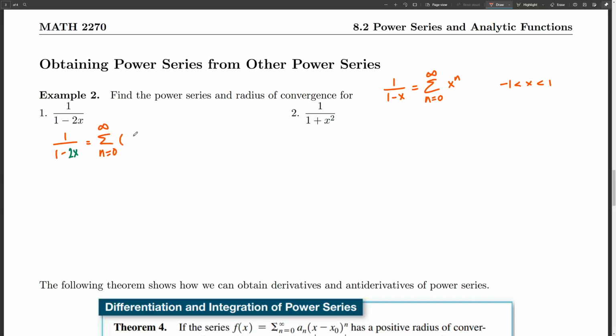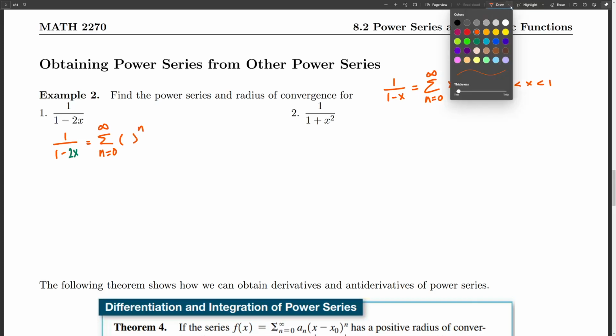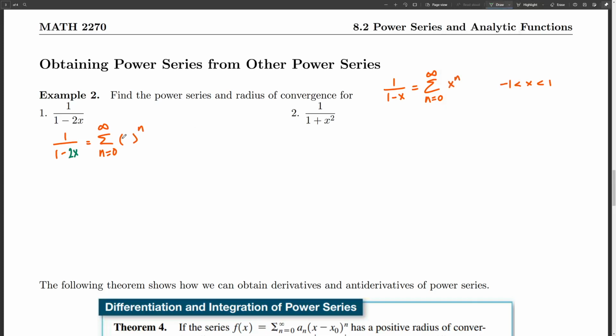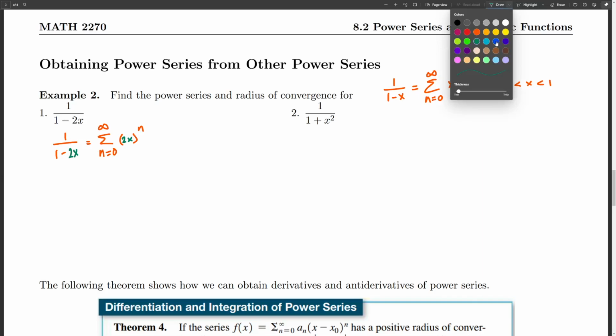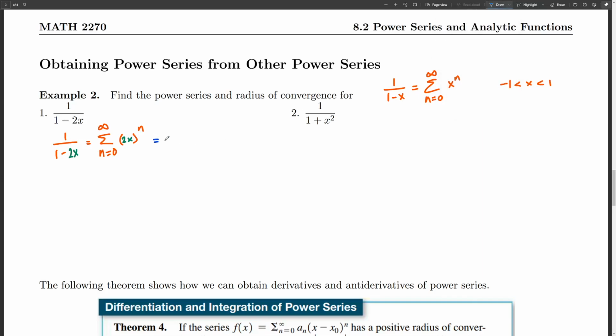But we're going to replace x by 2x. So I'm going to put 2x here, and we can clean that up a little bit and write this as the sum from n equals 0 to infinity of 2 to the power n times x to the power n. So that would be our final answer.